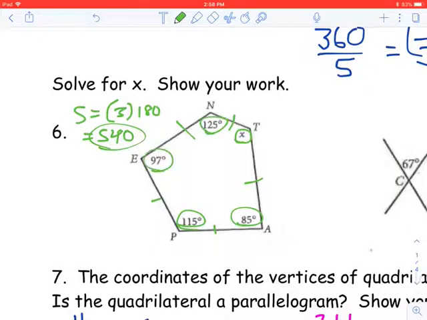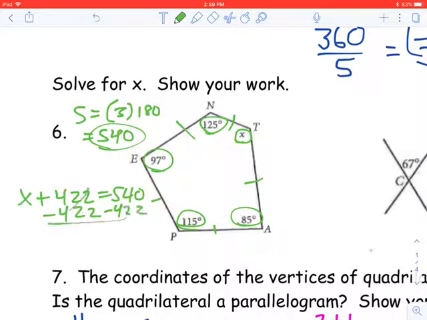So I'm going to take all of those, add it to x. So 125 plus 97 plus 115 plus 85 gives me 422, equals 540. And so subtract the 422 and I end up with x equals 118. Okay, and there it is.